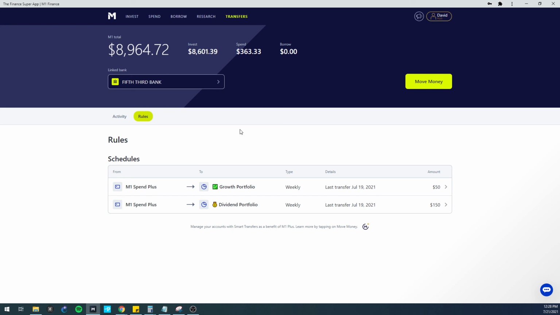So I'm not going to say like 65 or older, but let's say you're living that FIRE lifestyle and you're 30 years old and you're living off your dividends. Well, hey, use the smart transfer system. That way you can always have cushions and move money between your accounts the way you need to, without needing to worry about, did I forget to do this?